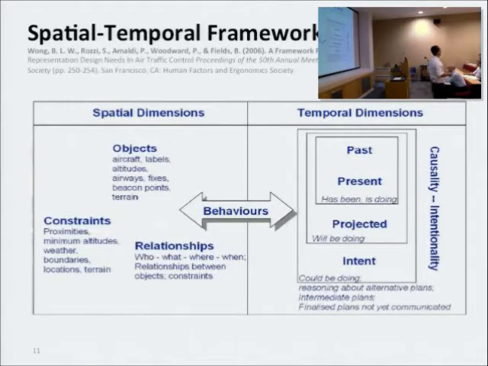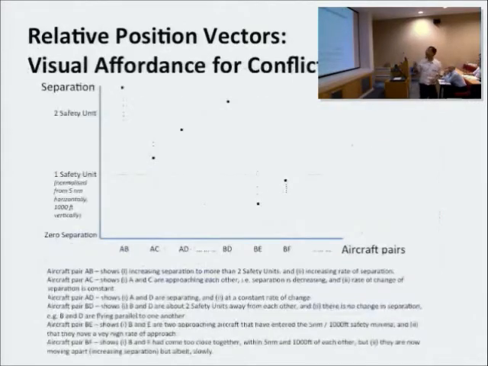Okay, so we came up with a concept called relative position vectors, RPVs. The RPVs work in a very simple way. They just tell me the separation between one aircraft and every other aircraft in that space. Okay. So if we did this purely on an XY basis, one safety unit is just a normalized way of saying, look, it is more than 5 miles and 1,000 feet away.